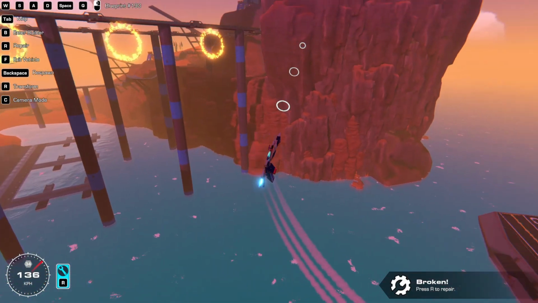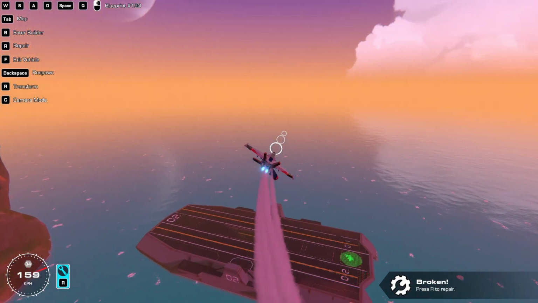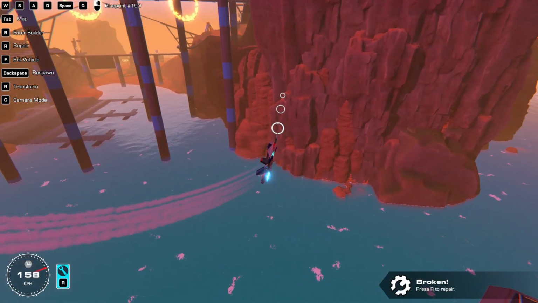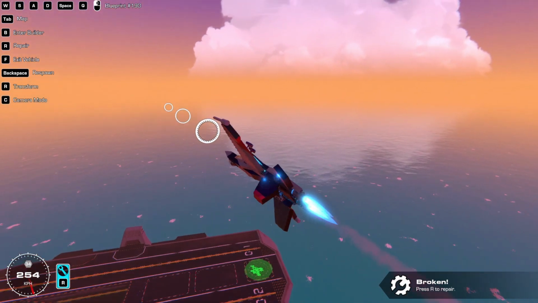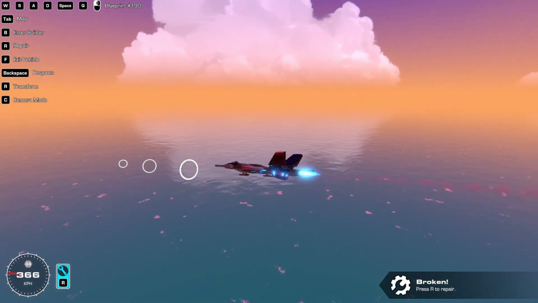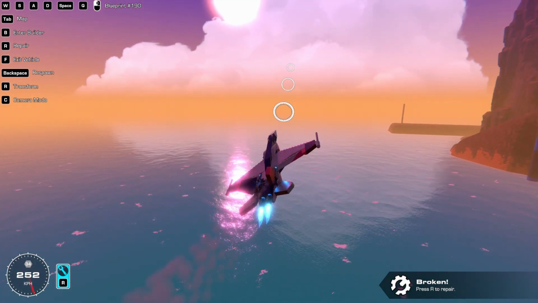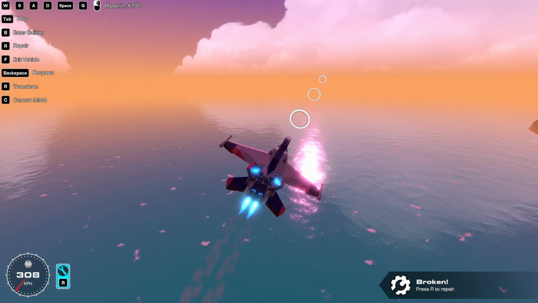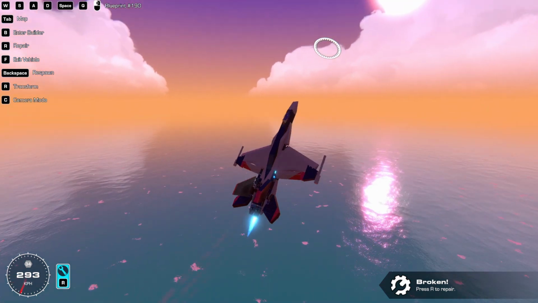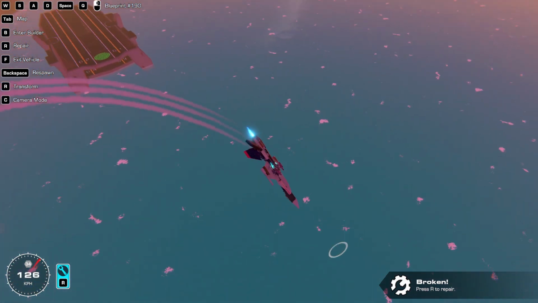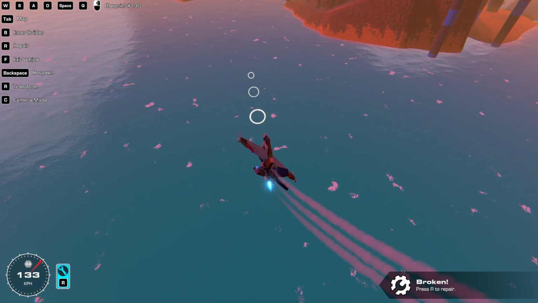Of course, the finishing touches are adding the weaponry, adding a fancy paint job, and doing a little bit of drag glitching so that it doesn't have as much air resistance as it should. And then, of course, it can be tested for its split throttle, which, as you can see, works properly. And there you go.